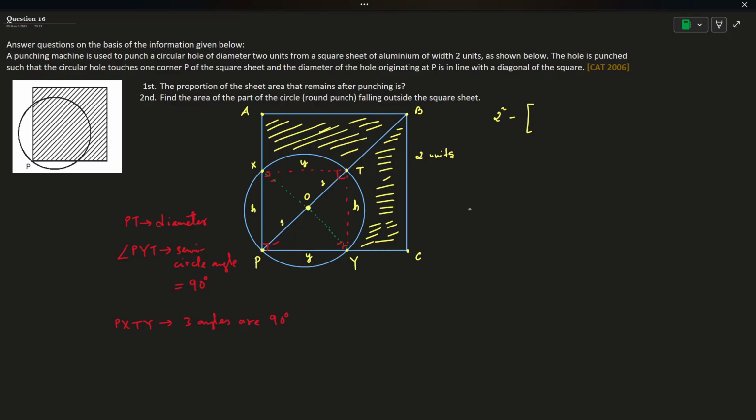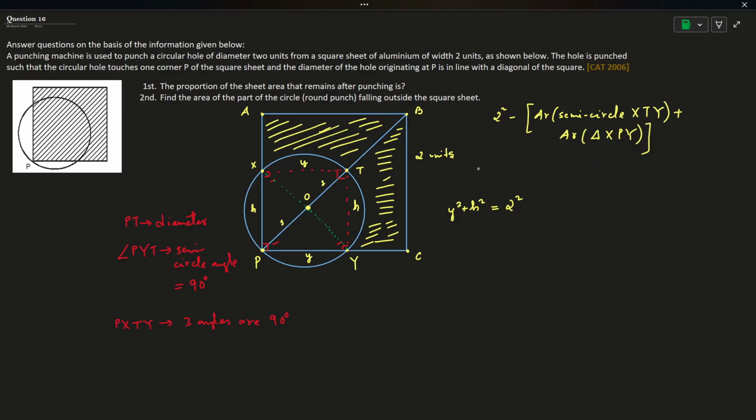What can I get from here? I can say y squared plus h squared, using the Pythagoras theorem, equals the diameter squared, which is 2 squared. After finding the entire area, I can subtract the semicircle area XTY plus the area of triangle XPY.